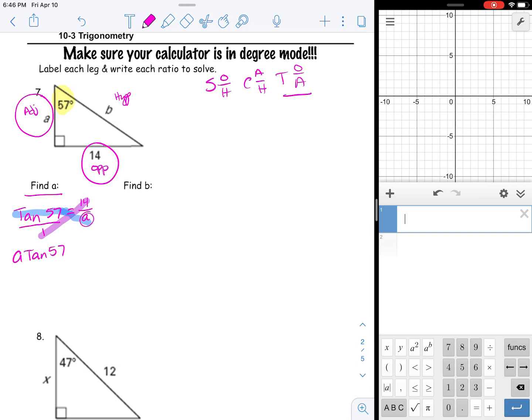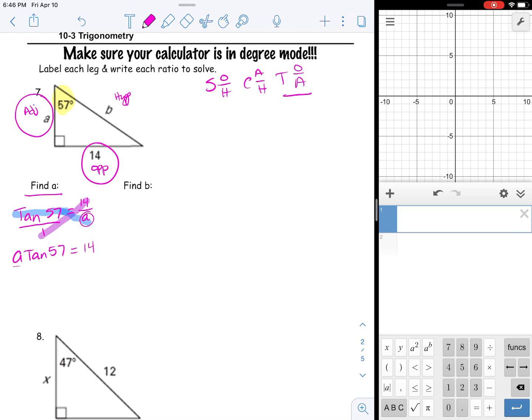Whatever this is on the bottom, I always write it in the front of the tangent part, or whatever trig function you're using, and then 1 times 14 is 14. And you pause, and you think, is my variable alone? My variable is not alone right now, so I need to continue further.